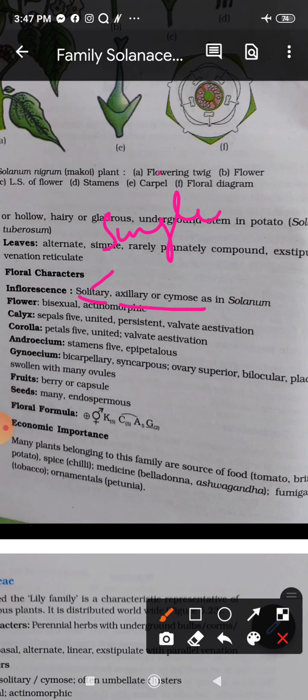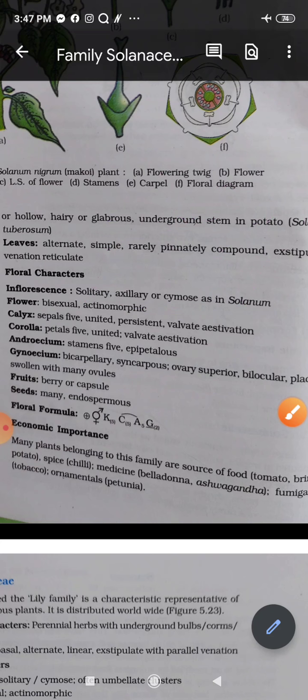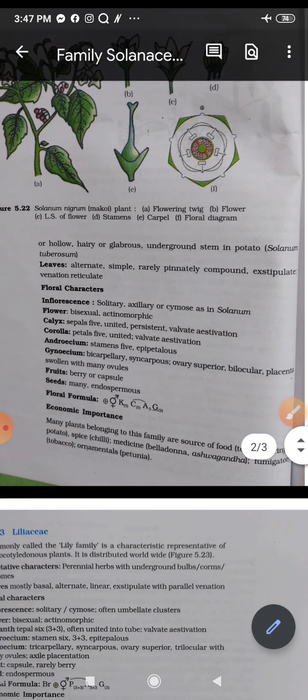Axillary or cymose means the flower is at the tip of the stem, that is axillary or cymose, and once the flower is present on the tip of the stem, then the growth is also limited. Right? So the example is given in Solanum. It shows cymose kind of arrangement.